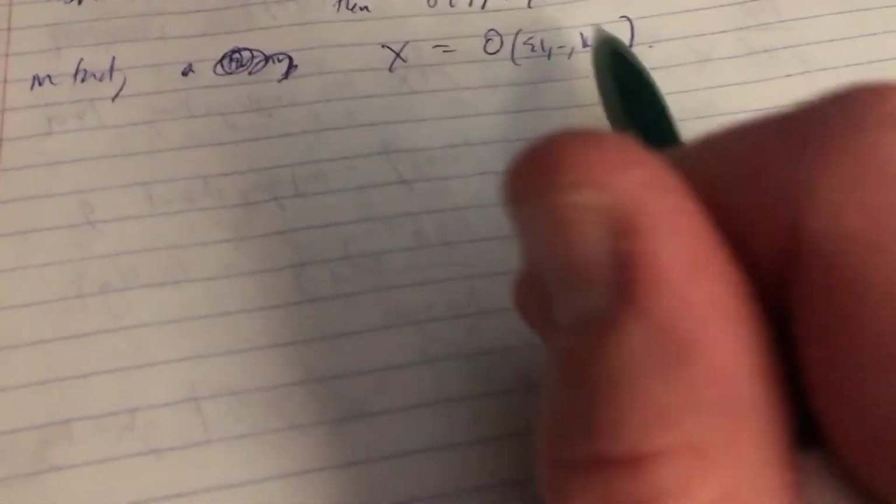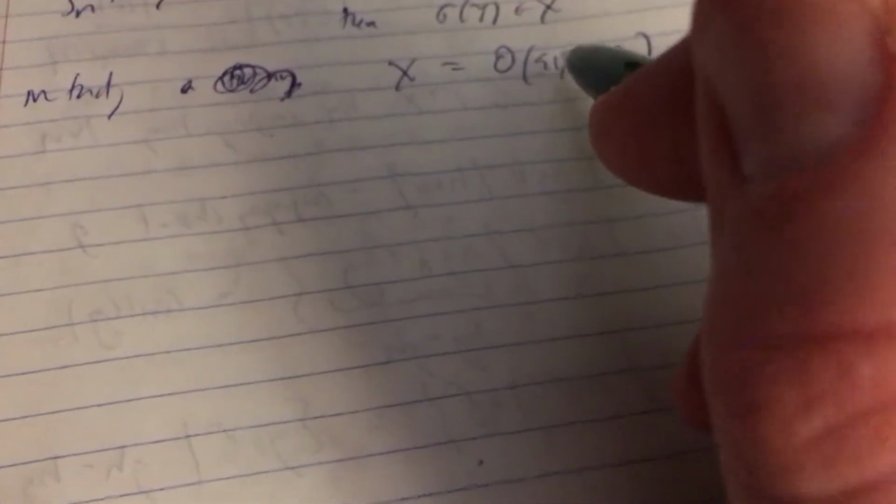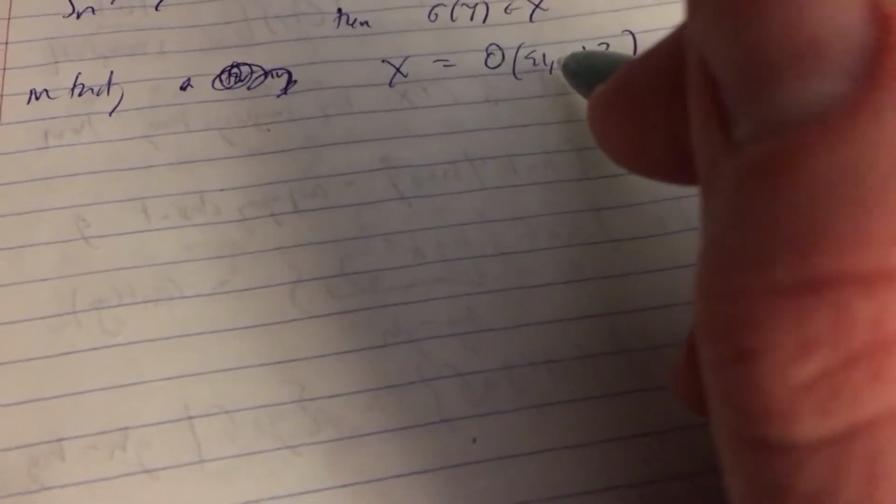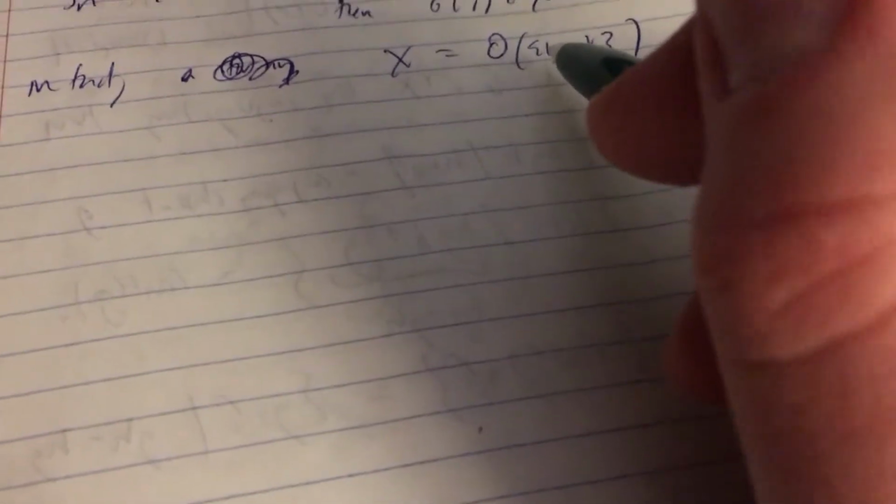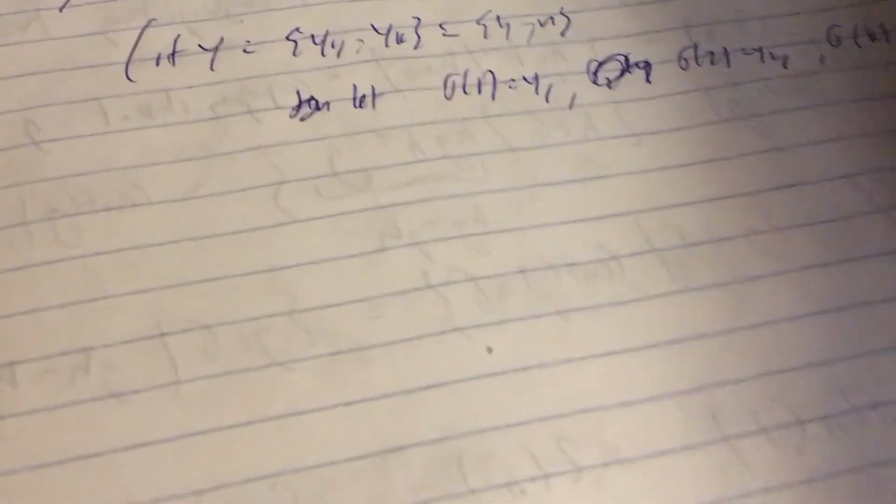That's actually easy to show. If I take any k-element subset, let's call it y1 through yk, contained in 1 through n, you let sigma of 1 equal y1, sigma of 2 equal y2, sigma of k equal yk.